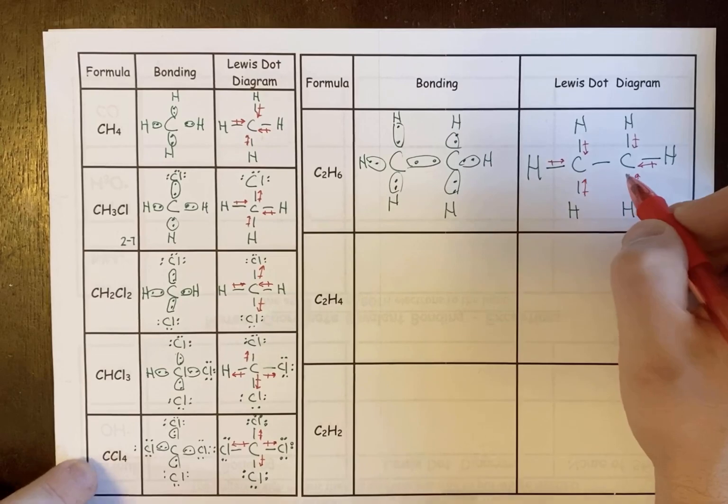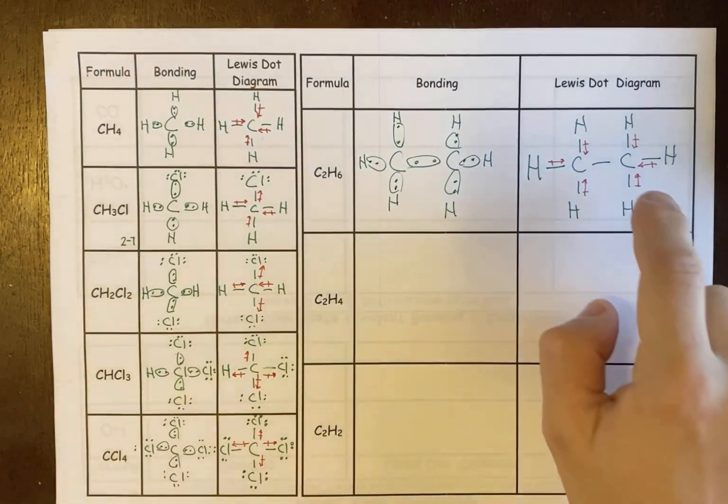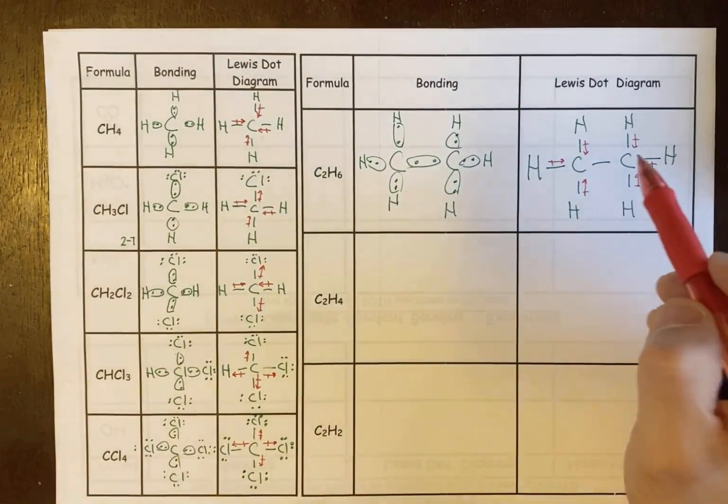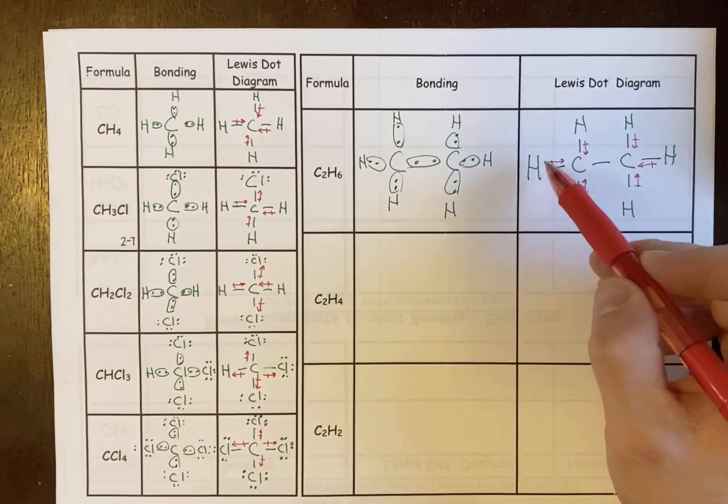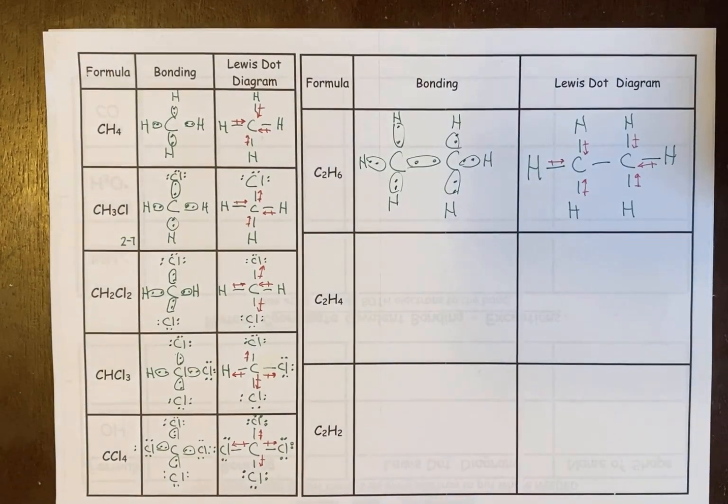And if you notice, I didn't draw one for the middle bond. The reason is the middle bond is between 2 carbons, so the middle bond is technically nonpolar covalent, and the other 3 are polar. Now, there's more going on, which we will eventually learn, but for right now, that's totally fine. And so that's C2H6.